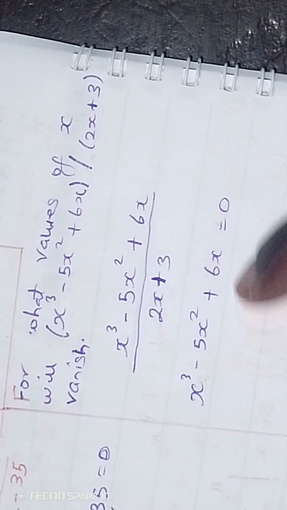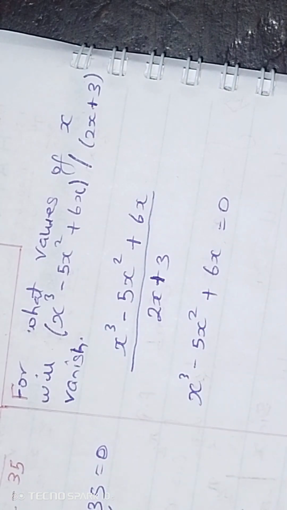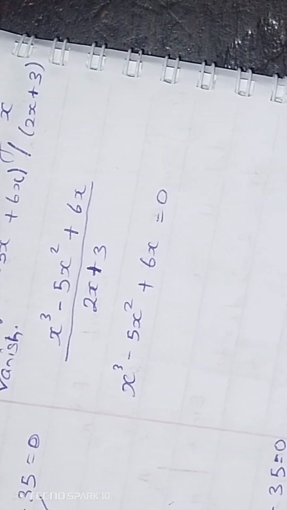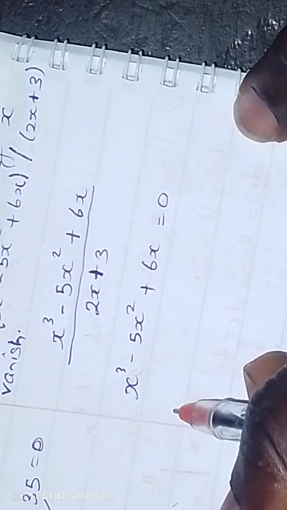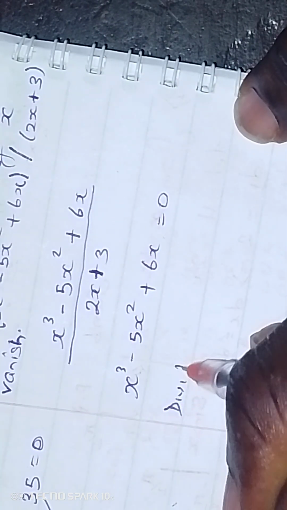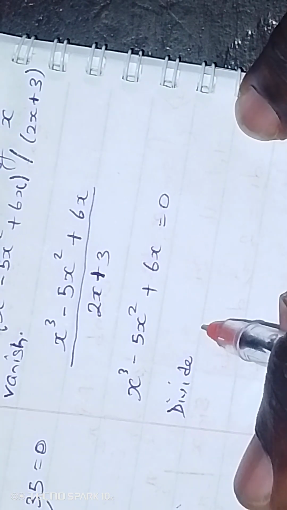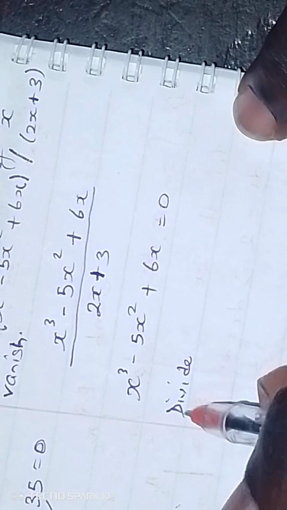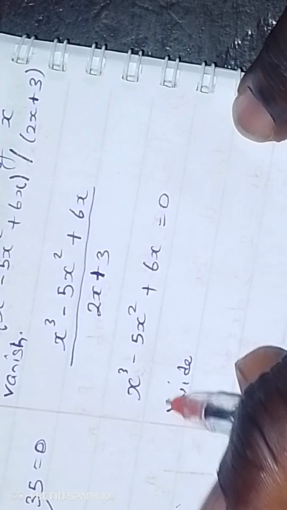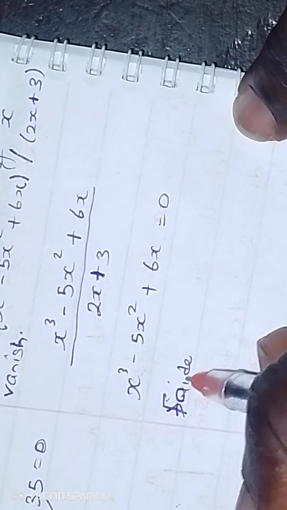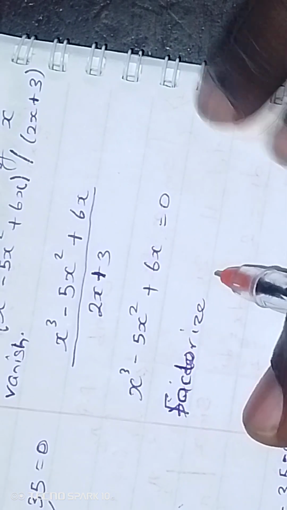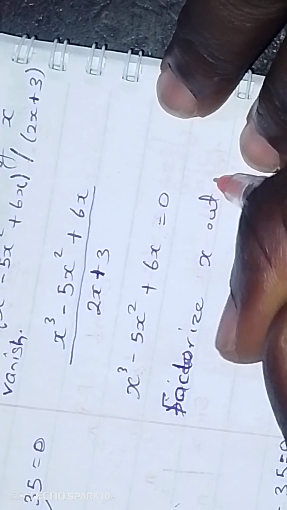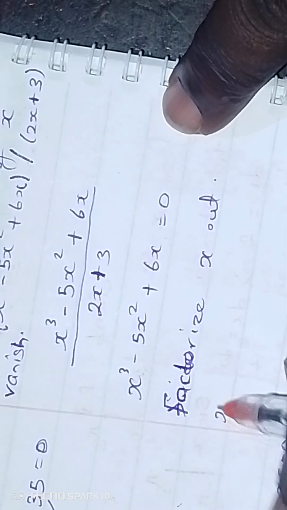Now, since each of these terms has x in them, we divide through by x. Or you say you factorize. Let's say we factorize x out. That's the right thing to do. Factorizing x out, we bring x outside.